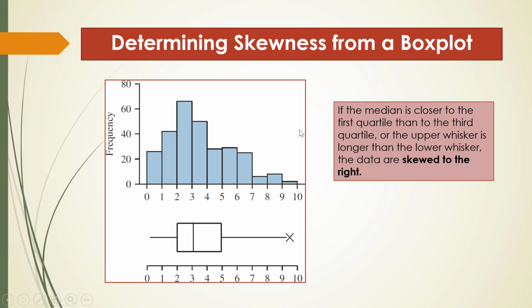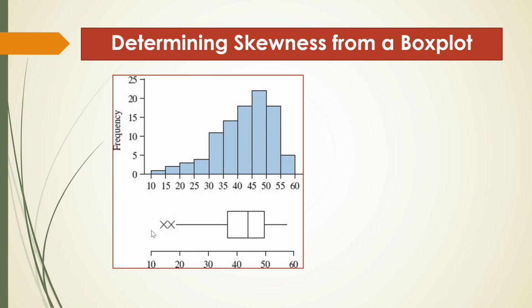In this case, the distance between Q1 and the median is smaller than the distance between the median and Q3, so the median is closer to the first quartile. The upper whisker is longer than the lower whisker. The upper whisker is this line, and it's much longer than the lower whisker. So in this case, we say the data are skewed to the right.